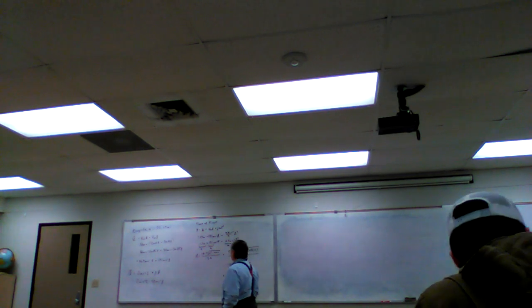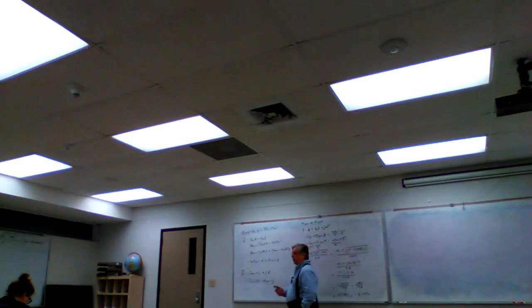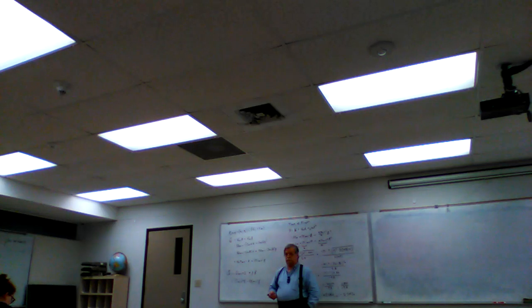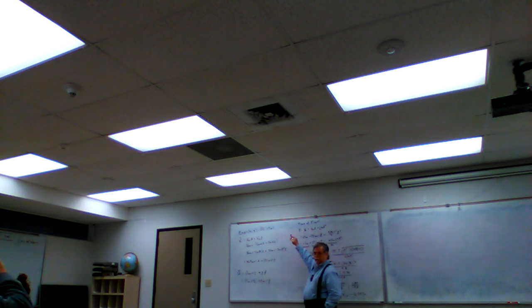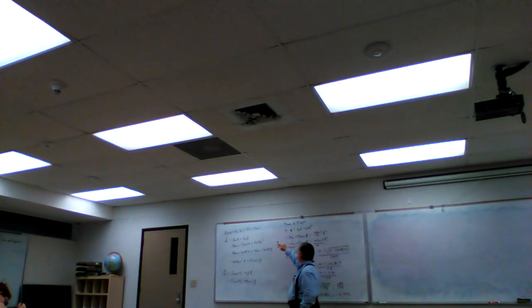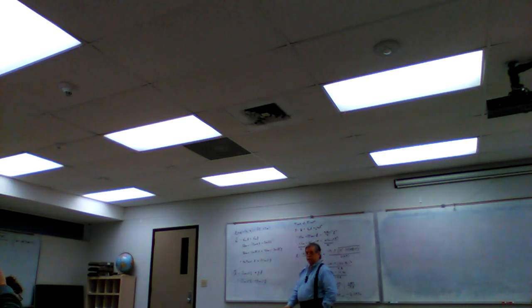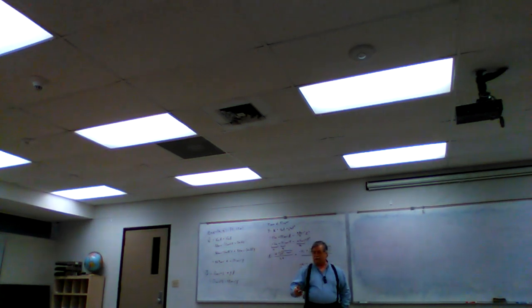So the first thing we did was to ask, how long will it be in the air? In order to find that out, we looked at the equations of motion. We looked at the vertical components to determine the time of flight.